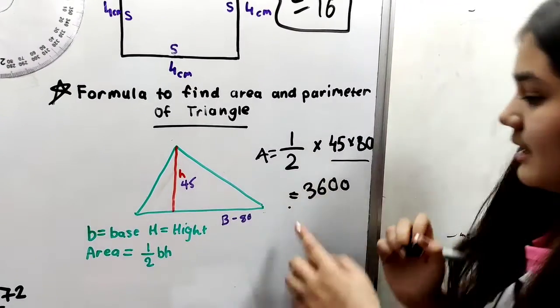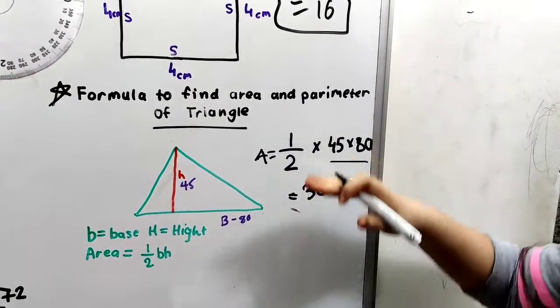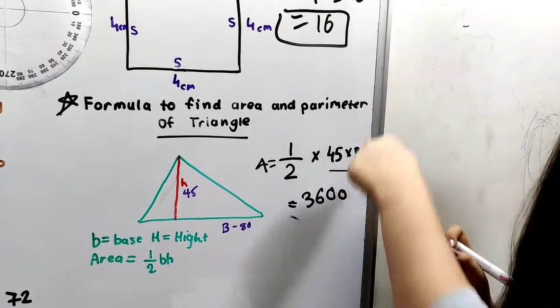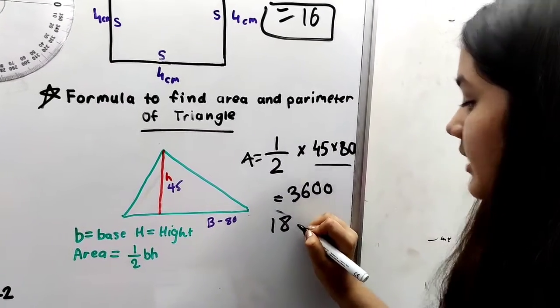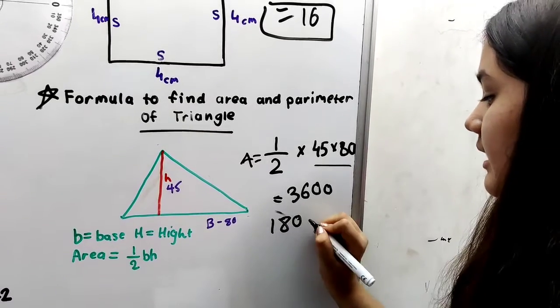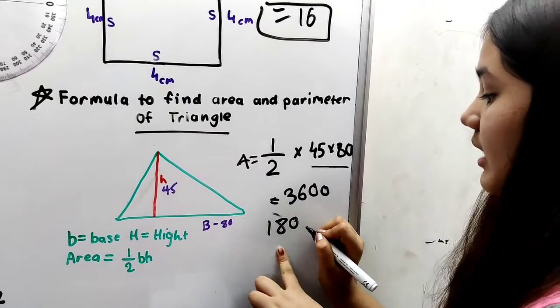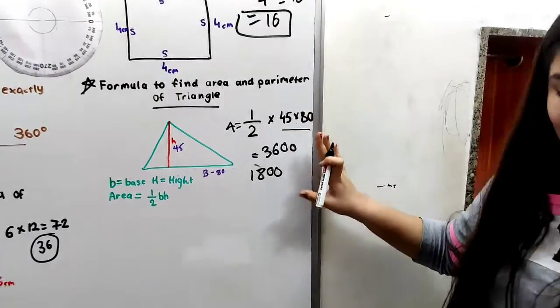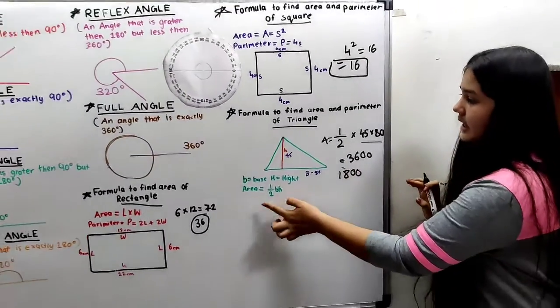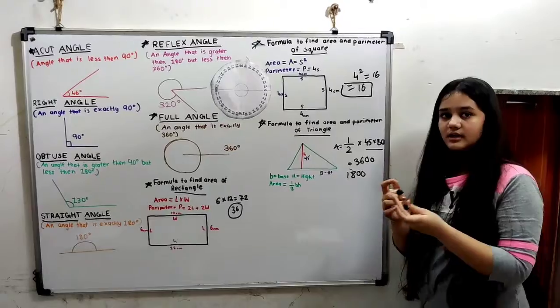Okay, and when we divide, we do 1 by 2 into this, so we divide it and we get 1800. Okay, so this is basically how to find the area of the triangle.